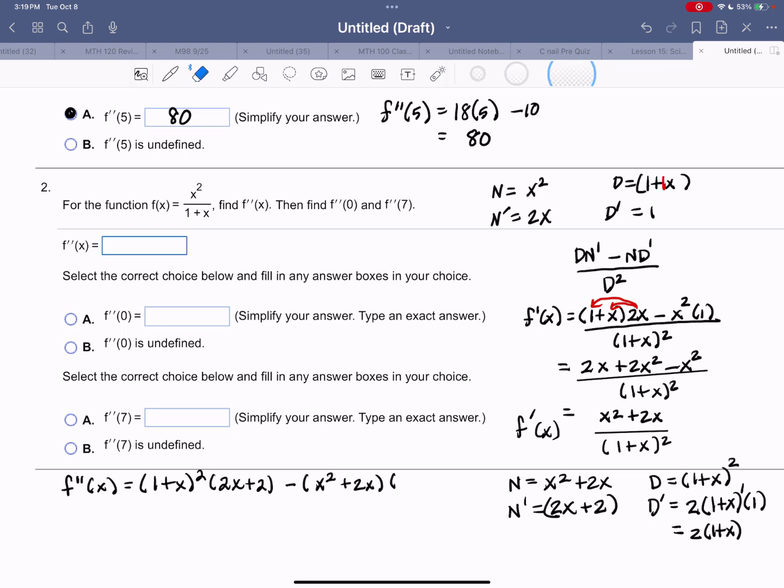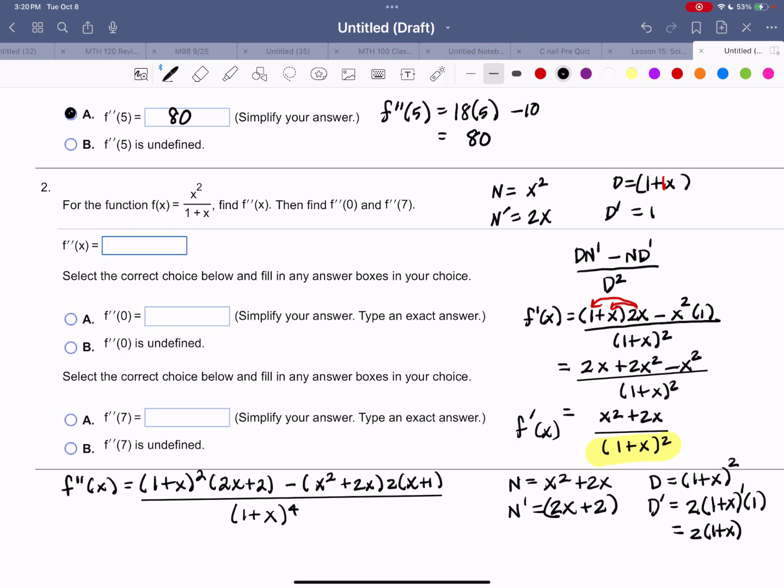It's going to be a 2 and an x plus 1. I'm just going to put that 2 in there. This is all multiplication. And this is all over this denominator squared, which is going to be 1 plus x to the 4th.